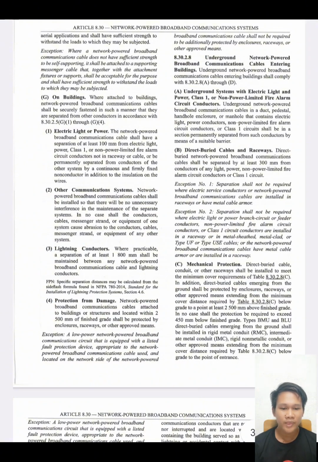Next, we have direct buried cables and raceways, letter B. Direct buried network-powered broadband communication cable shall be separated by at least 300 mm from conductors of any light, power, non-power limited fire alarm circuits, conductors, or Class 1 circuits. Next, letter C, mechanical protection. Direct buried cable, conduit, or other raceway shall be installed to meet the minimum cover requirements of Table 8.30.2.8c.